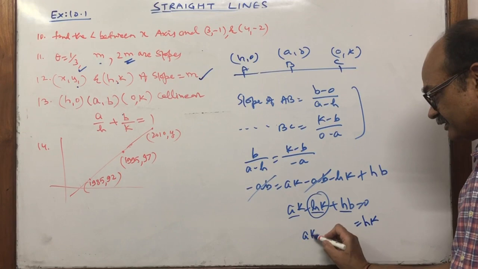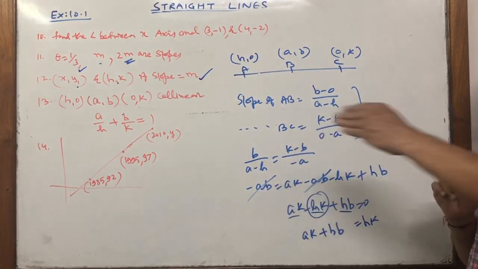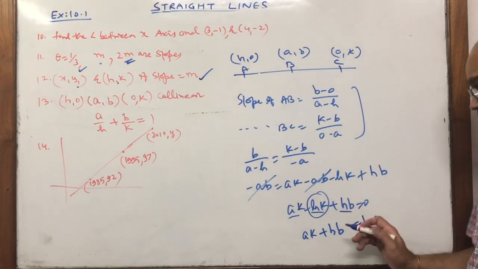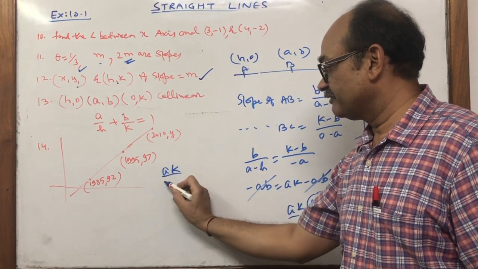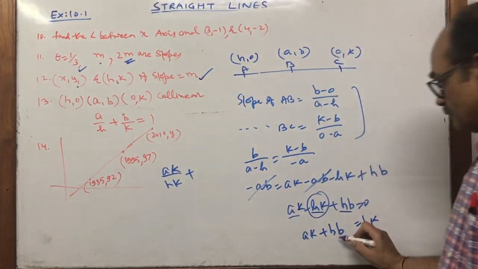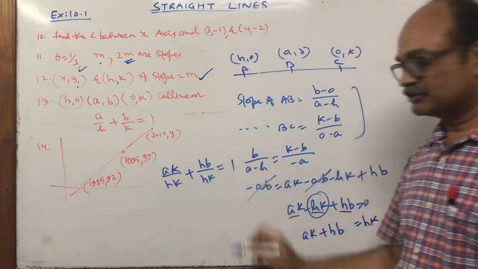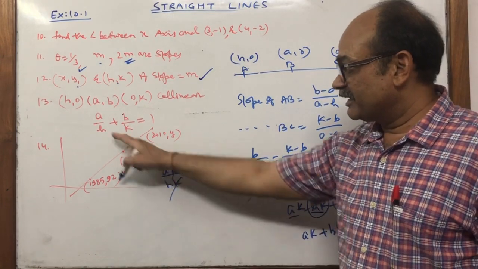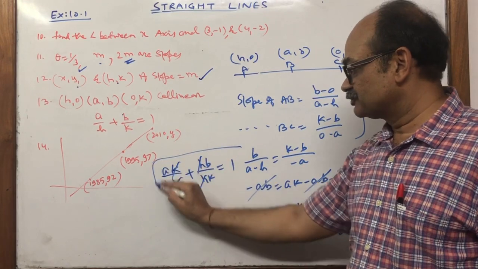What we are getting? Ak plus hB equals hk. Now if we divide by hk on the left hand side and right hand side, we get Ak divided by hk plus hB divided by hk equals 1. k and k cancel out, h and h cancel out, so A by h plus B by k equals 1.